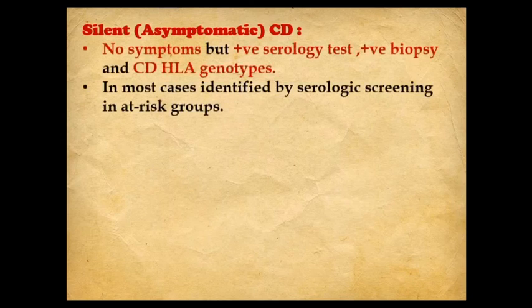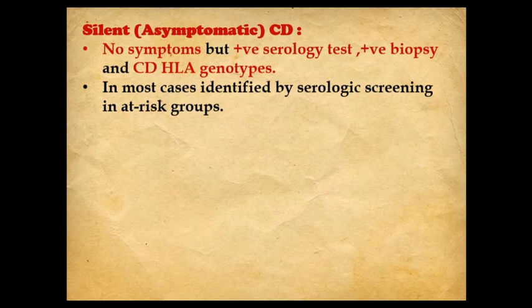In silent, from its name, there is no symptom, asymptomatic, but there is a positive serology test, positive biopsy, and celiac disease HLA genotype. All investigations are positive, but there are no symptoms.